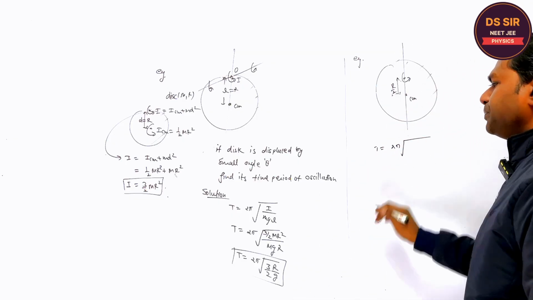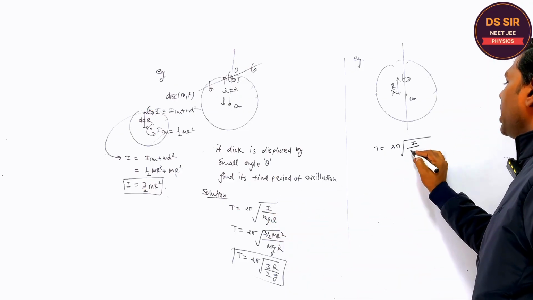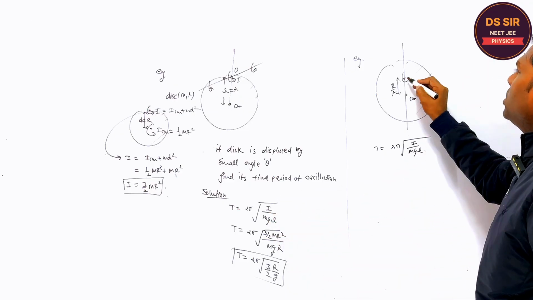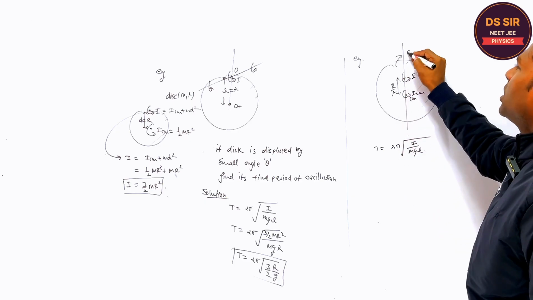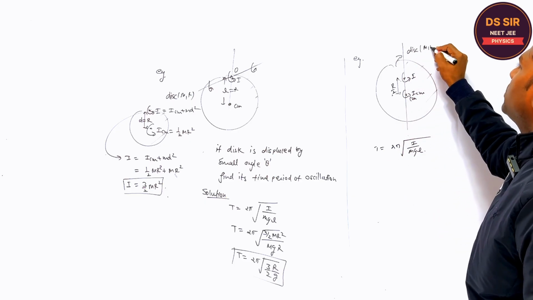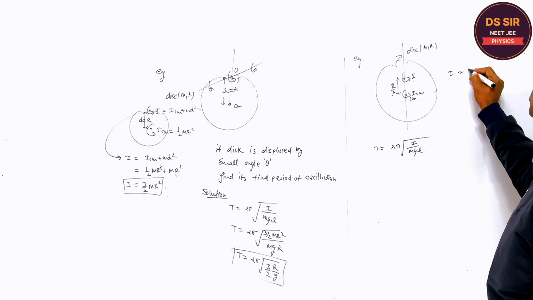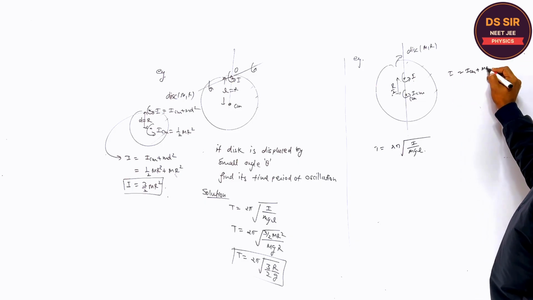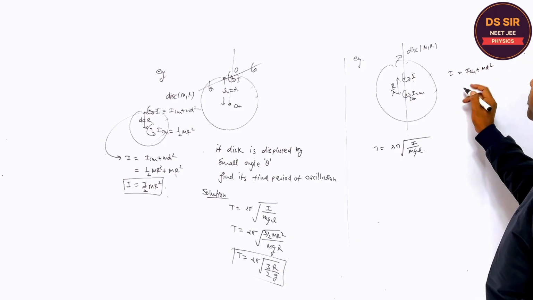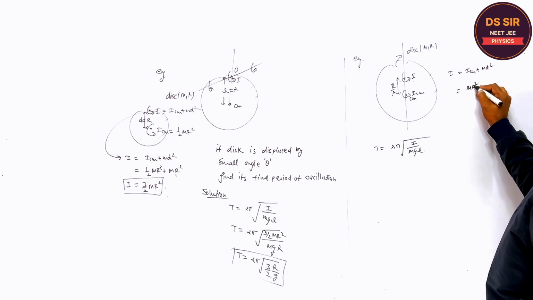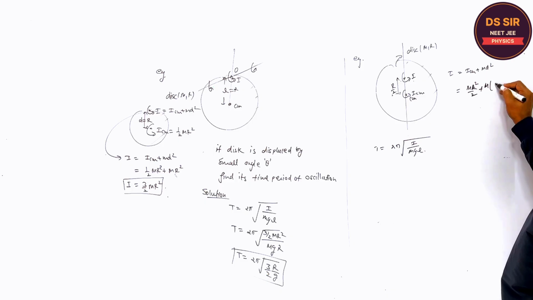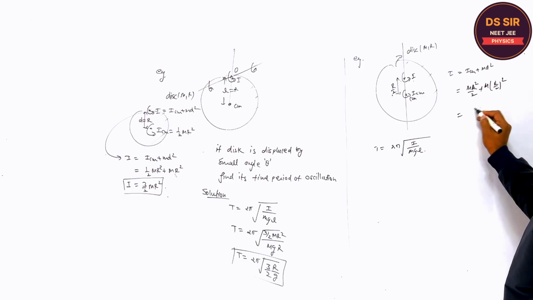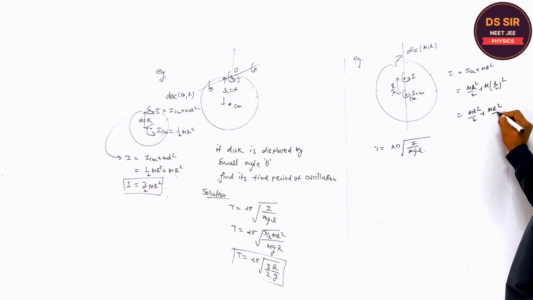T is 2 pi root I upon mgL. So what is the moment of inertia about this? This is the disk of mass m, radius r. I is equal to ICM plus m into d square. The ICM is mr square by 2 plus m into r by 2 whole square. When you simplify, this is mr square by 4.